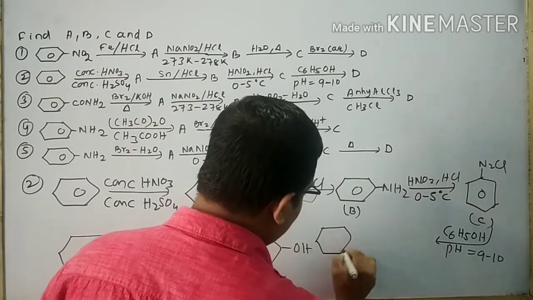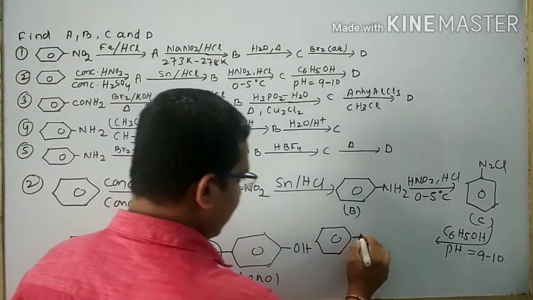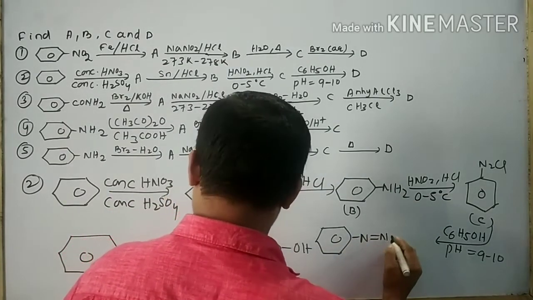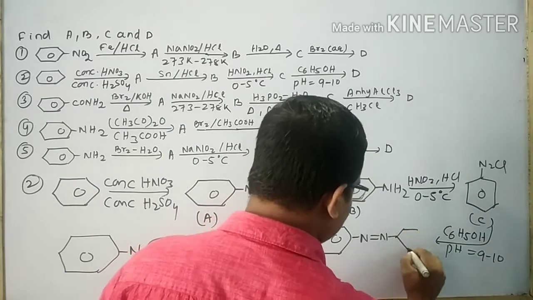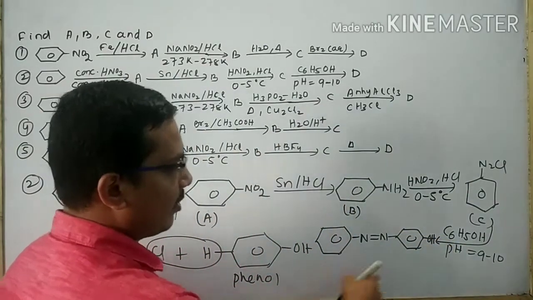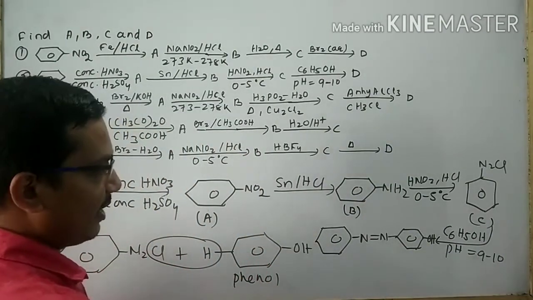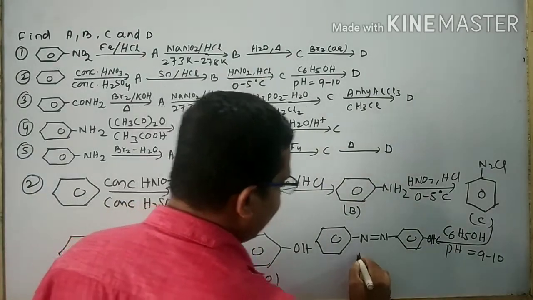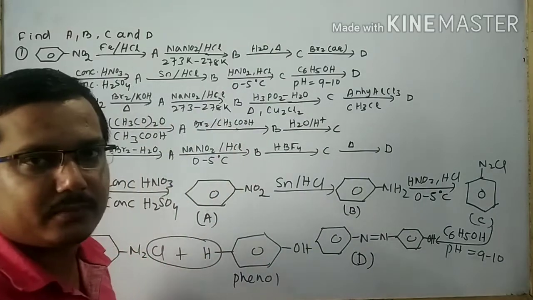This is the main product and it is an azo product. The name of this compound is para-hydroxyazobenzene and it is considered as your D.